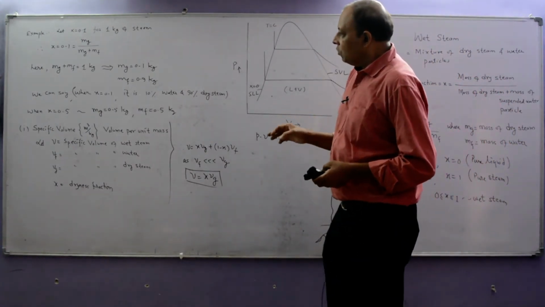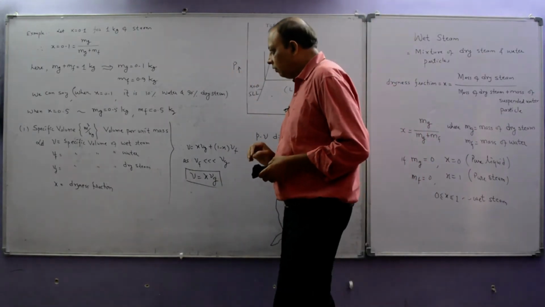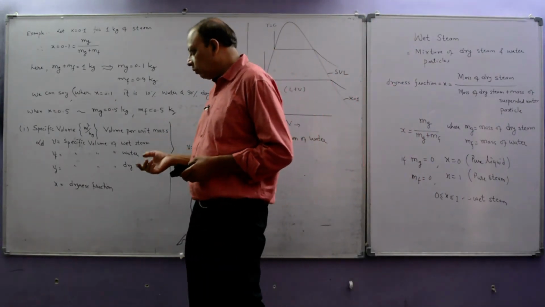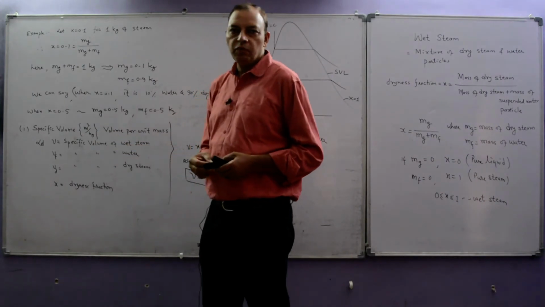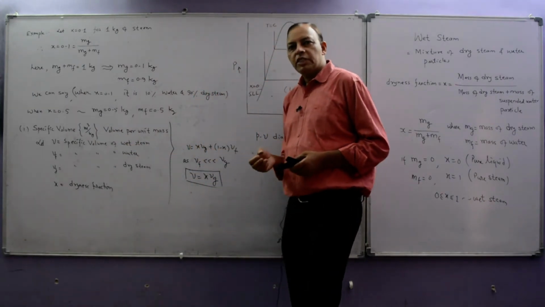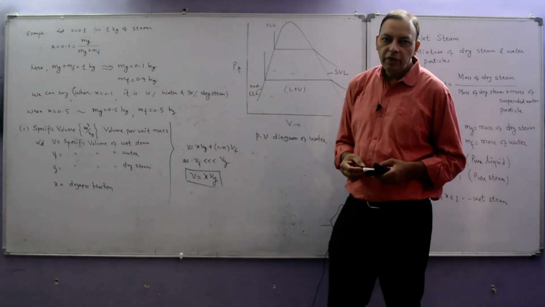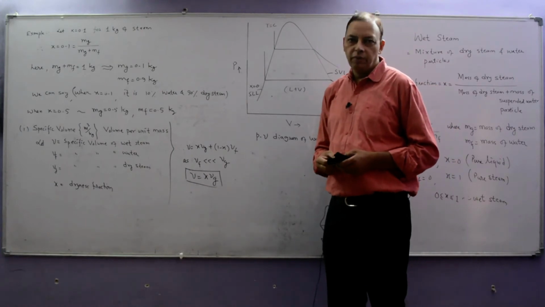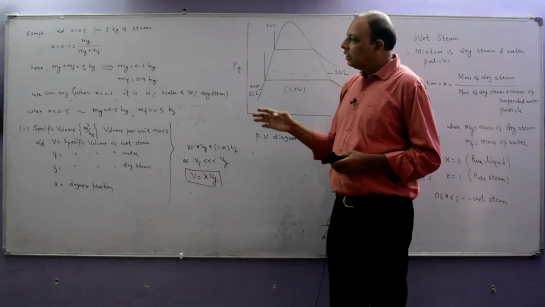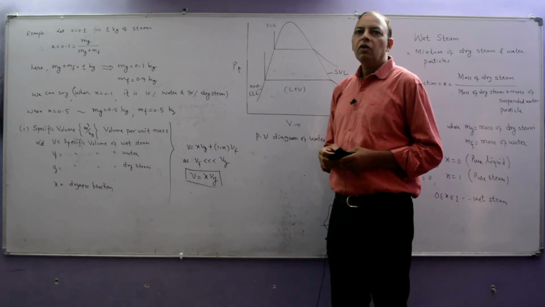Now I will come to the properties. I will cover here specific volume, specific enthalpy, internal energy and entropy. These are the terms which we always calculate in our numericals.